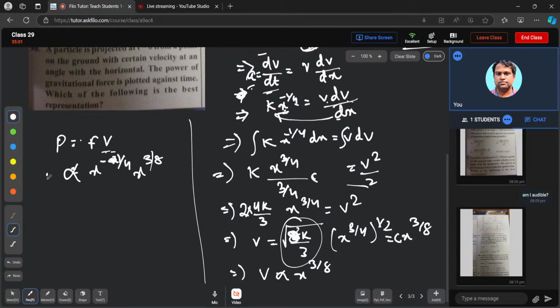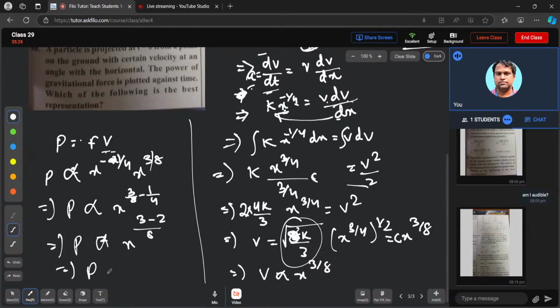That means P is proportional to x to the power 3 by 8 minus 1 by 4, that is x to the power (3 minus 2) by 8, so P is proportional to x to the power 1 by 8.